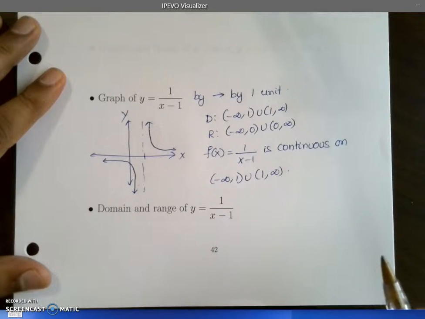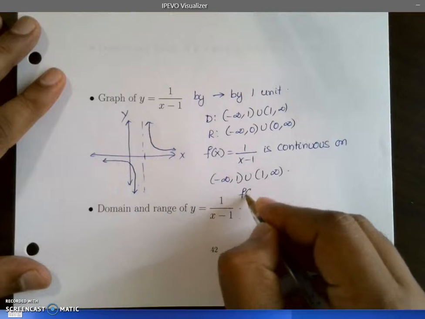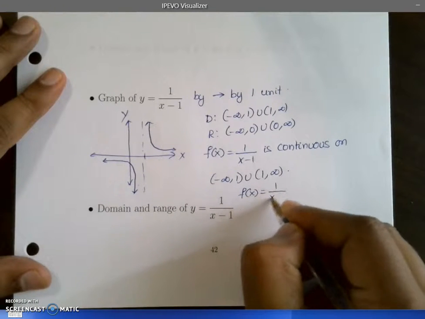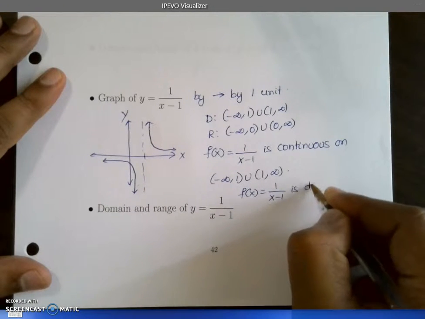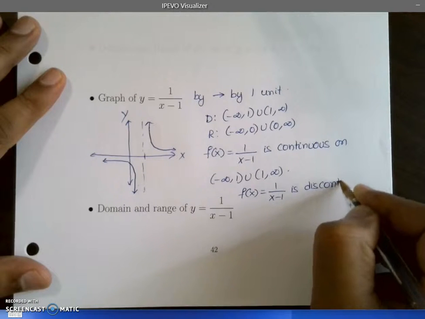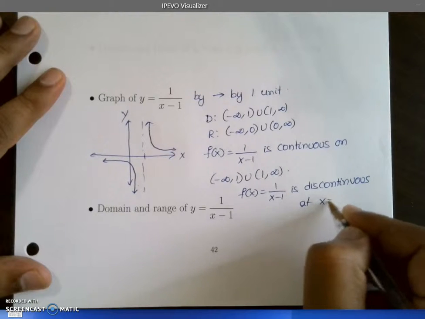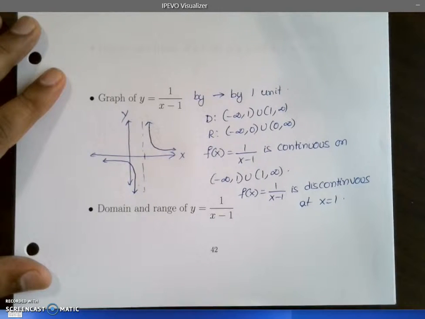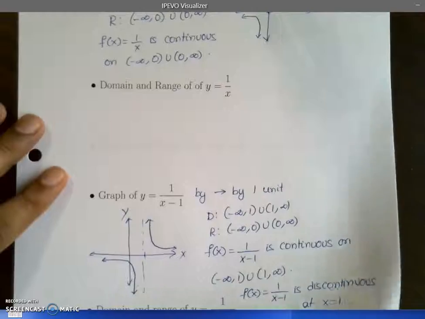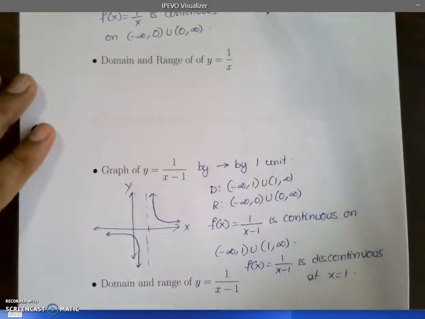There is no break or jump in the graph. So the function f of x equals 1 over x minus 1 is discontinuous at x equals 1. So that's the continuity of the function 1 over x minus 1.